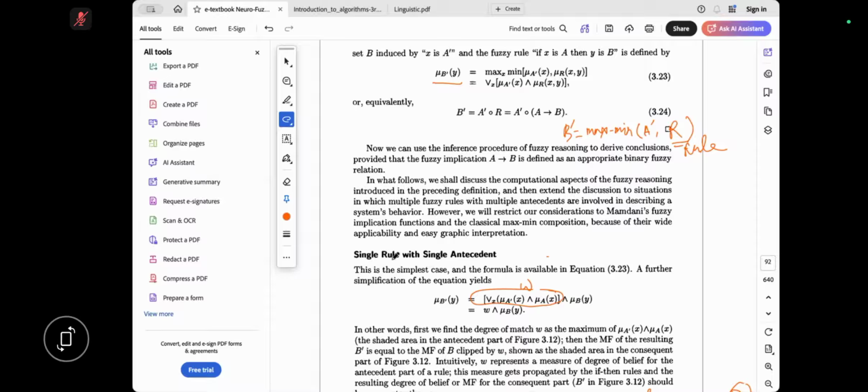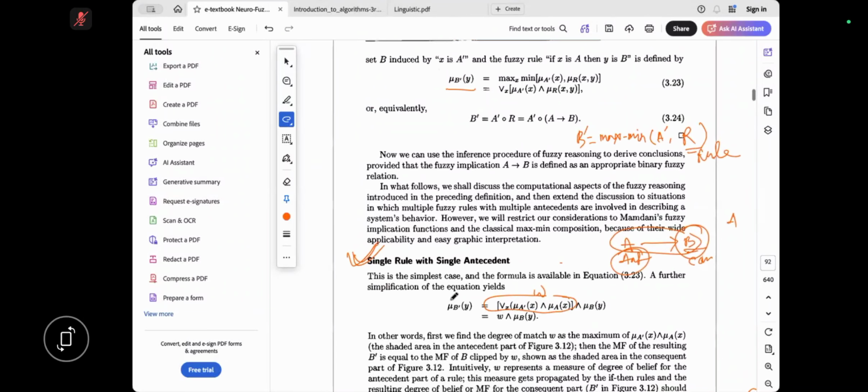Let's understand single rule with single antecedent. What is antecedent? If A implies B is given, this is the antecedent or fact that is available, and we have to conclude. And what is a rule? Rule means how it is implicated, which line. So if I know the implication rule and antecedent, I can predict the conclusion. This is the question, this topic: single rule with single antecedent.